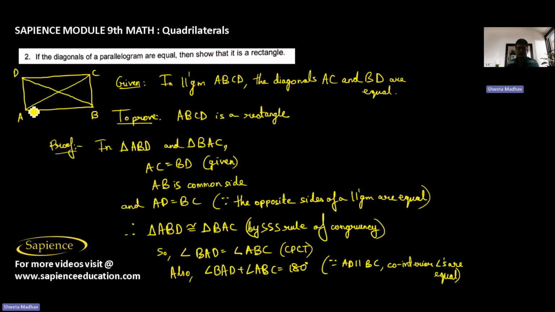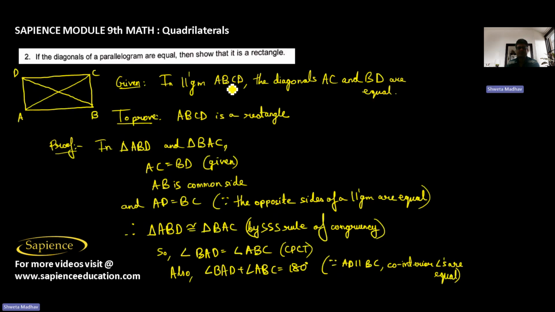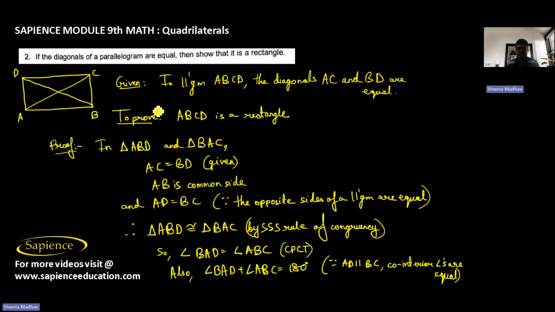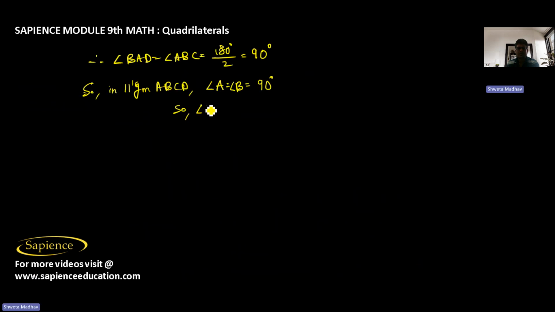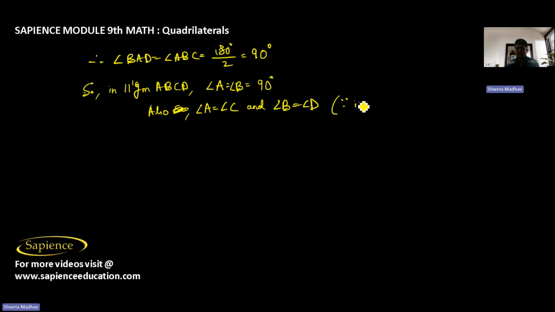Hence these two angles are right angles. So in parallelogram ABCD, angle A equals angle B equals 90 degrees. Now angle A equals angle C and angle B equals angle D, since in a parallelogram the opposite angles are equal.